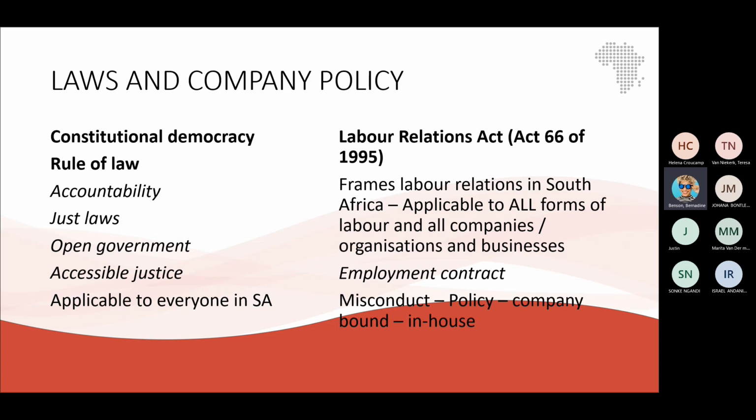And the four things that our constitutional democracy consists of when we talk about the rule of law is that there is accountability. We have just laws. We have an open government. And we have accessible justice. In other words, the justice is accessible to everybody.